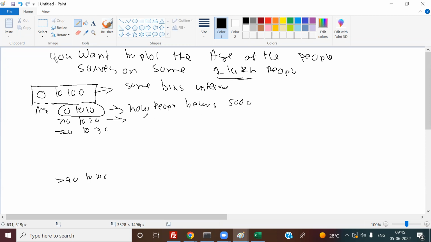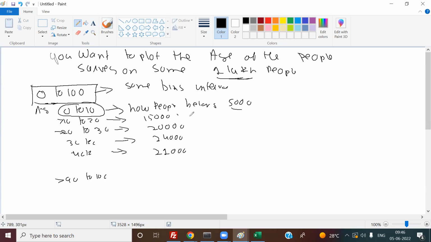Between 10 to 20, there are some 15,000 people. Then 20 to 30, some 20,000 people. Then 30 to 40, let's say some 24,000 people. And from 40 to 50, let's say the number starts to decrease. It comes to, let's say, somewhere around 21,000 people.